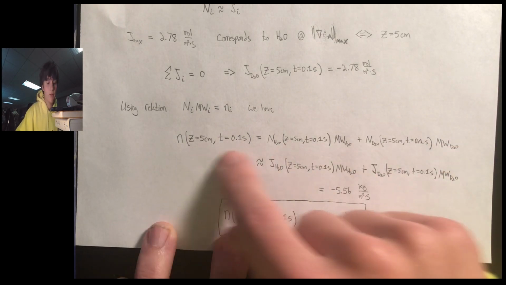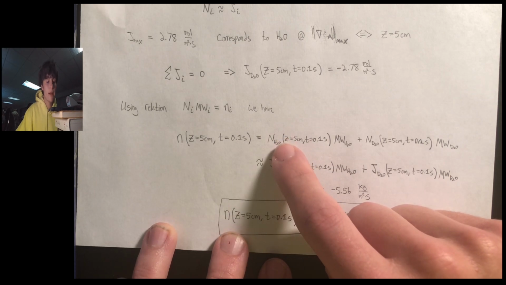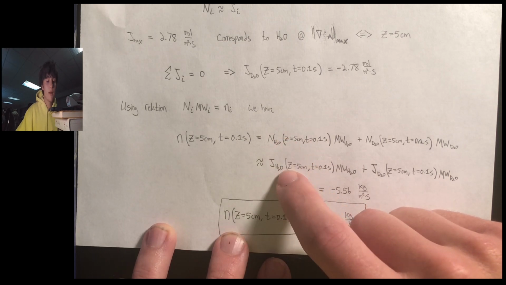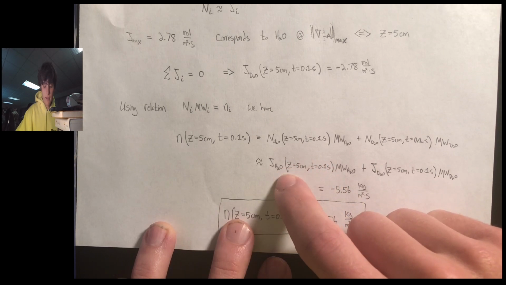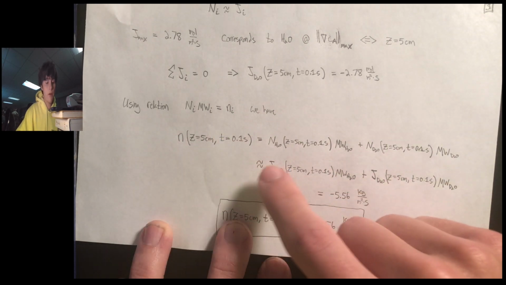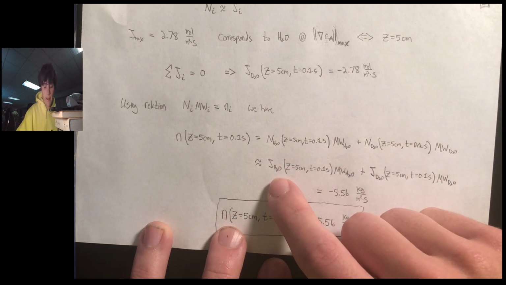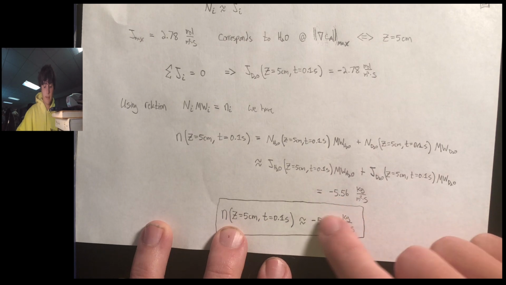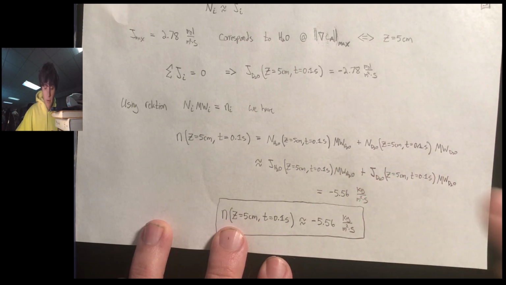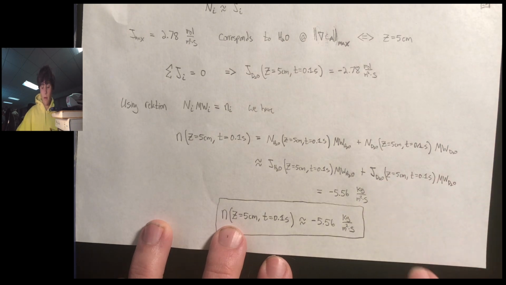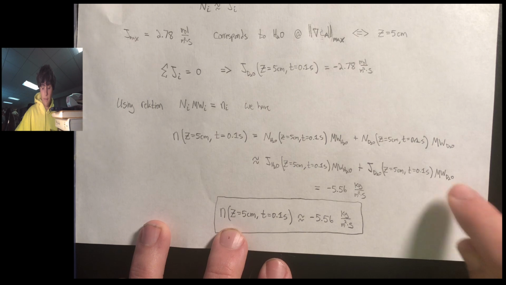This is an exact relation, but since we are approximating the molar flux of the individual components to be equal to the molar diffusive flux of the individual components, we can approximate the total mass flux to be equal to the molar diffusive flux of water at 5 centimeters and 0.1 seconds times the molecular weight of water plus the molar diffusive flux of deuterated water at the same location and same time multiplied by the molecular weight of deuterated water.